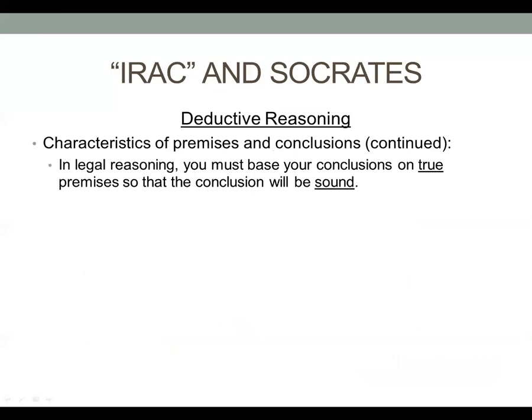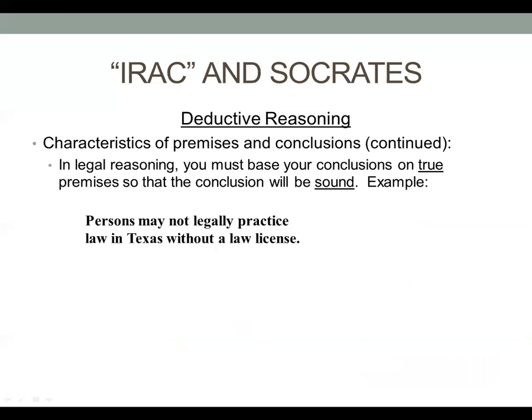So the bottom line here is, in legal reasoning, you need to make sure that you base your legal analysis on true premises so that your conclusion at the end of the analysis will be sound. So here's an example of a valid and sound conclusion.